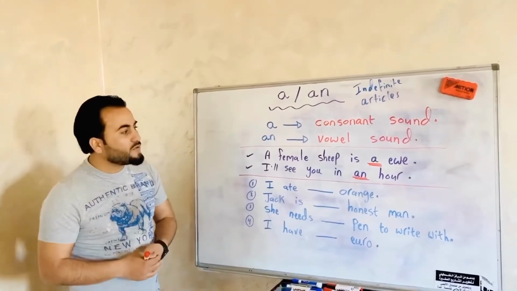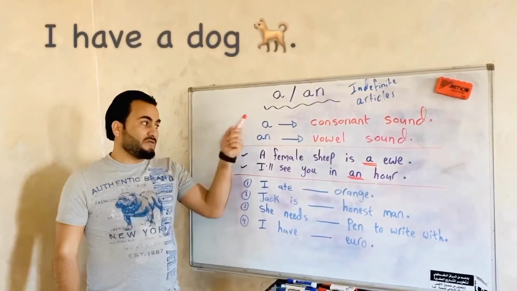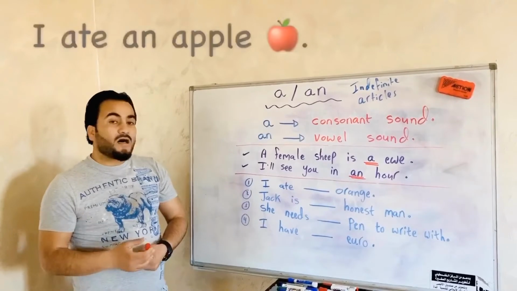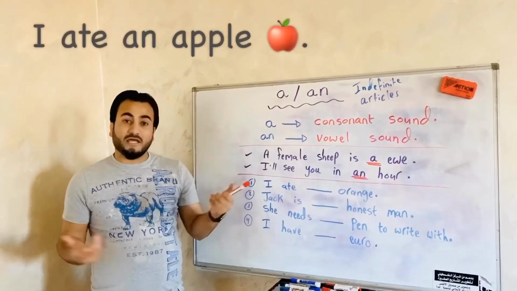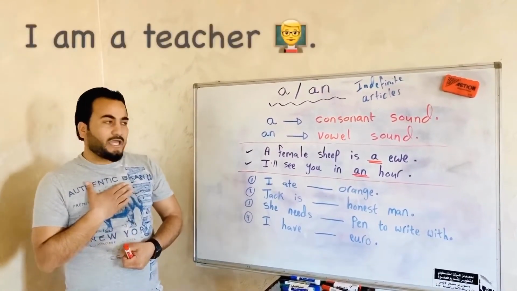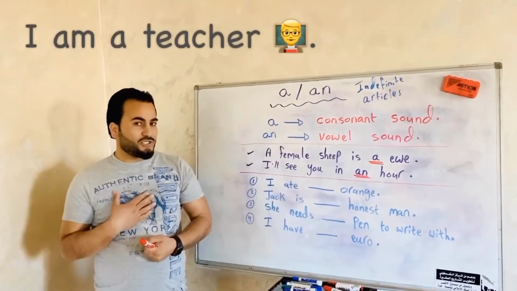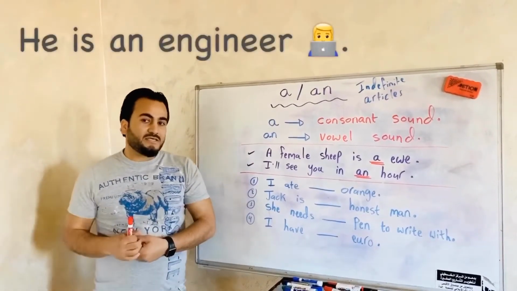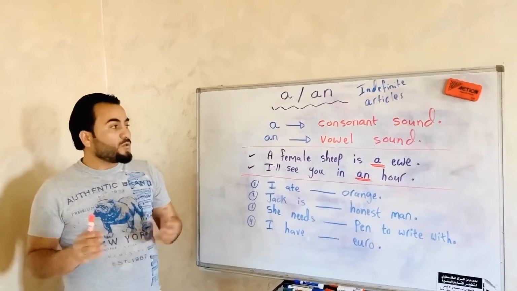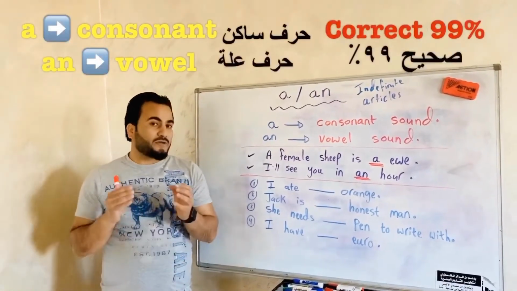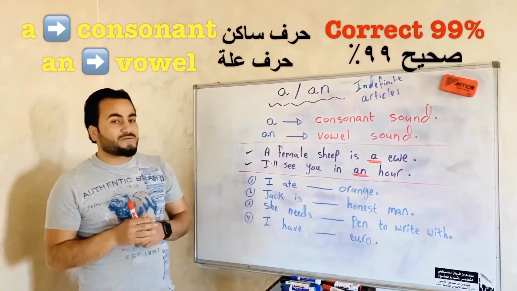For example, I have a dog. I ate an apple. I am a teacher. He is an engineer. Well, this is correct 99% of the time.